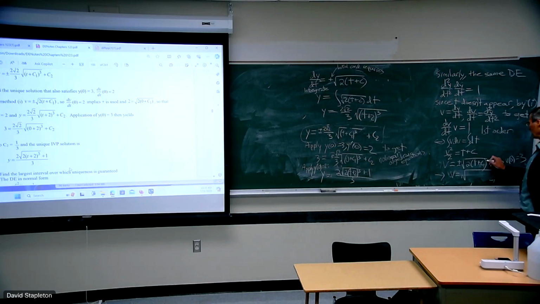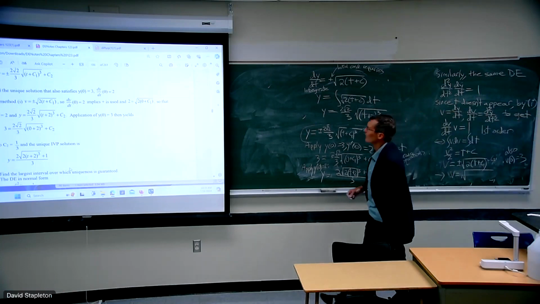This is c1 and c2. There were two arbitrary constants. If you put in 0 here, see how that works.